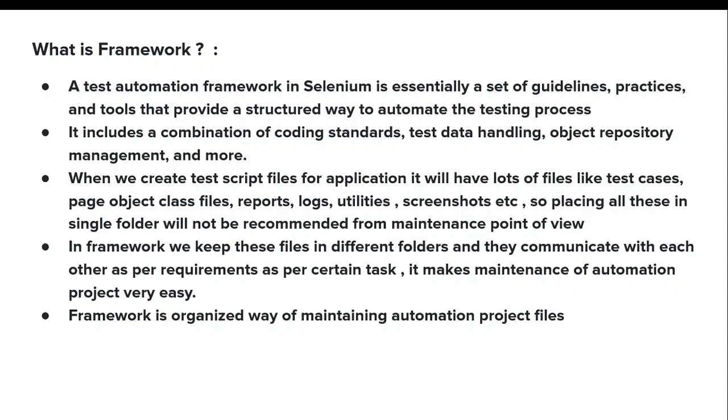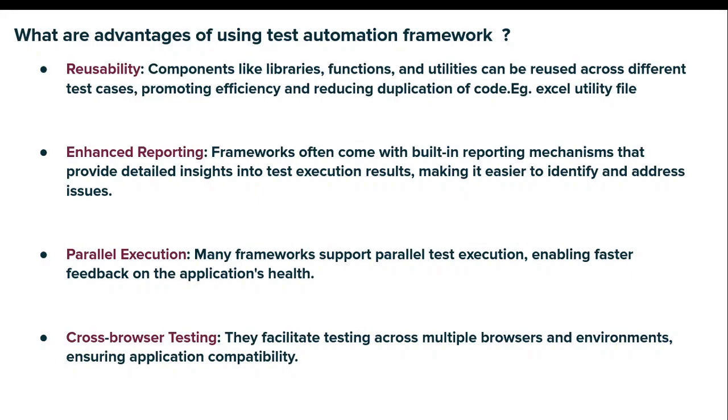The next question is, what are the advantages of using a test automation framework? Why should we use one? The main advantage is reusability, for example components like libraries, functions, and utilities.